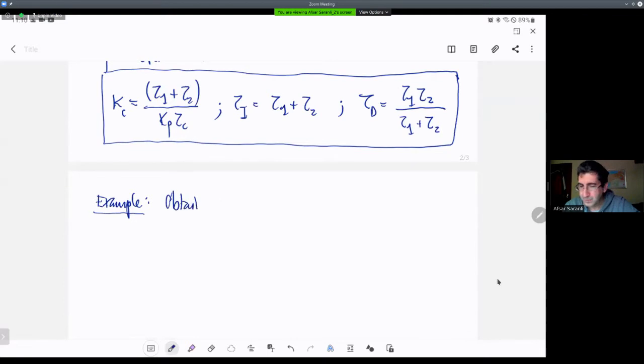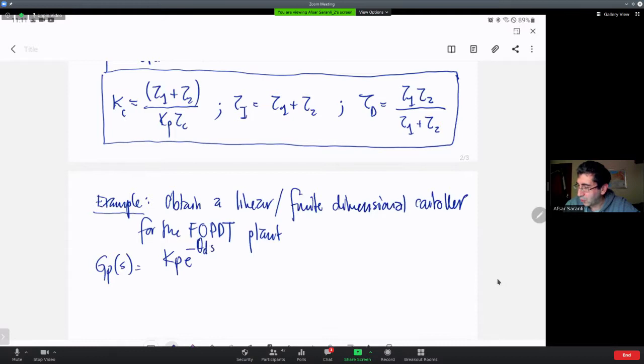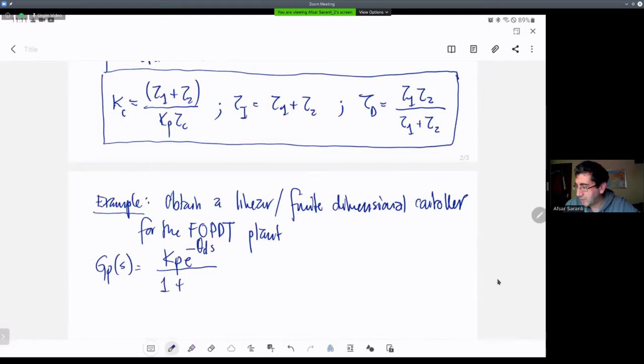Obtain a linear controller, a linear finite dimensional controller for the FOPDT plant given by G_P(s) being K_P e^(-θ_d s) over 1 plus τ_P s.